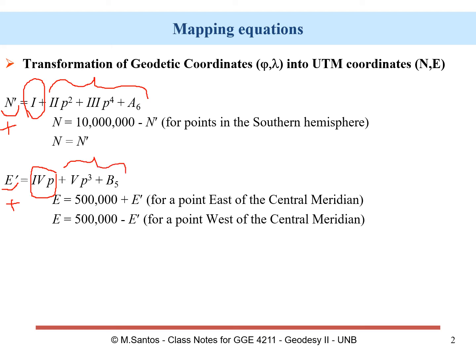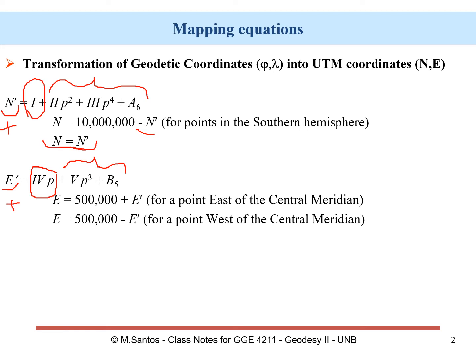And after we compute the n prime, of course, we can apply the constant. We can get 10 million and subtract from it n prime. These are for points in the southern hemisphere. If we are doing computations in the northern hemisphere, the northing is going to be equal to the n prime.